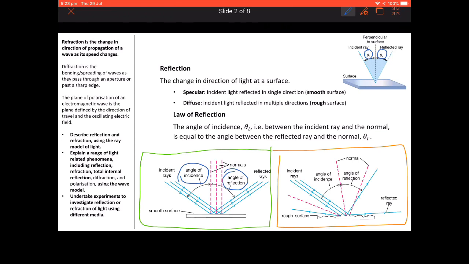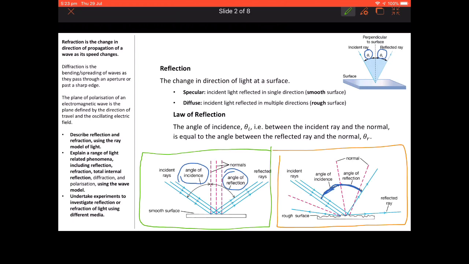So the angle of incidence, which is already outlined, I'm just going to go over it in blue, for the middle light ray, corresponds with the angle of reflection, which is the same as the angle of incidence.